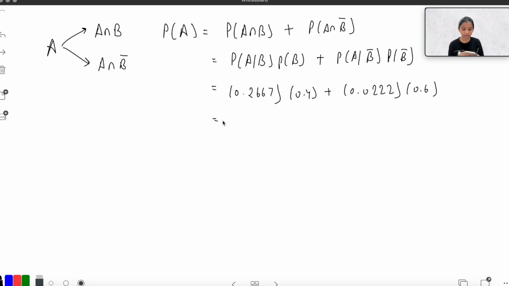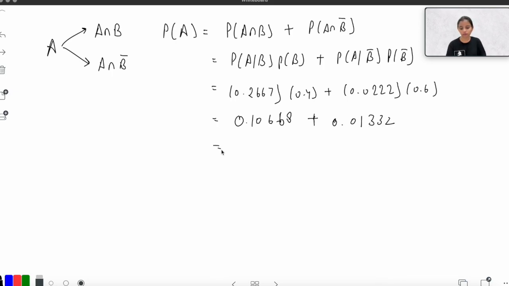Yes, so for the first one, we will be getting 0.10668 plus 0.0222 into 0.6, that is 0.01332.